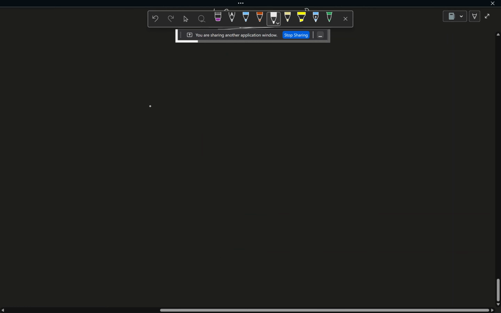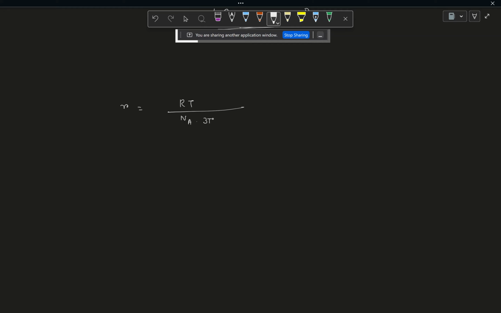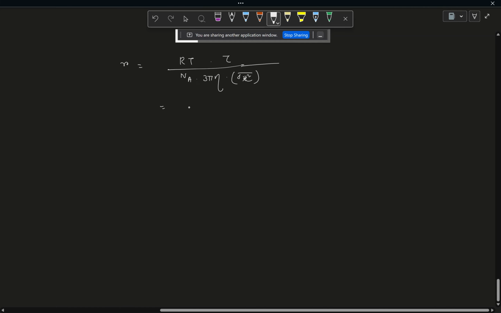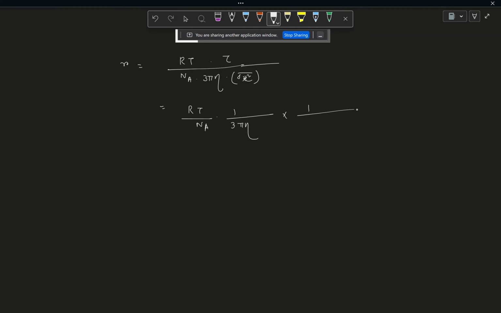Then if you rearrange the terms properly, R is equal to simply RT by Na into 1 by 3 pi eta into 1 by delta x squared average by tau, right?